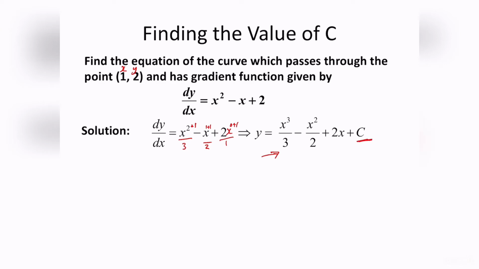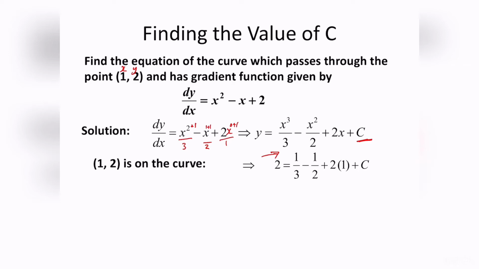So far we got the general equation of the curves. But we want to find the value of c, because the point 1, 2 is part of this curve. It's on the curve. Therefore, this will satisfy the values of x and y.